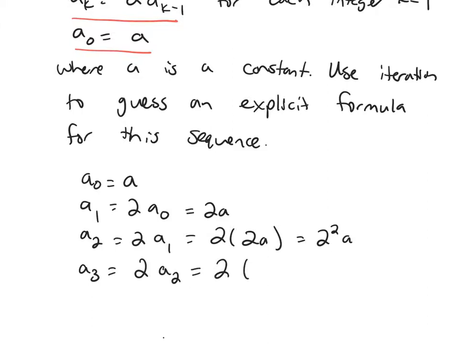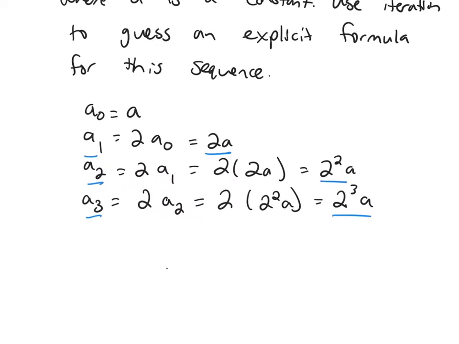So 2 times 2 squared A, so 2 cubed A. And then hopefully we can start to notice a pattern. A1 was 2A, A2 was 2 squared A, A3 was 2 cubed A. So if I had to guess, A_n would be 2 to the n times A. And there's my guess for the solution to this recurrence relation.